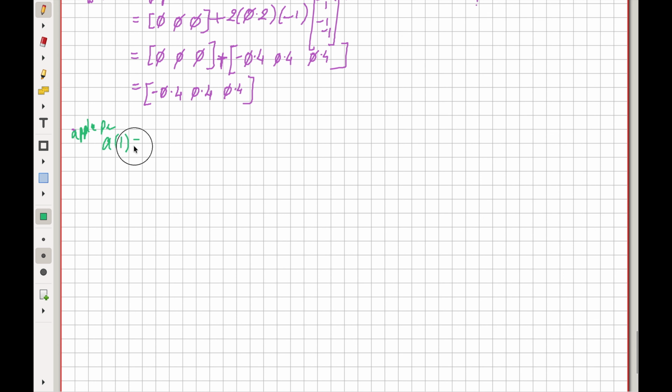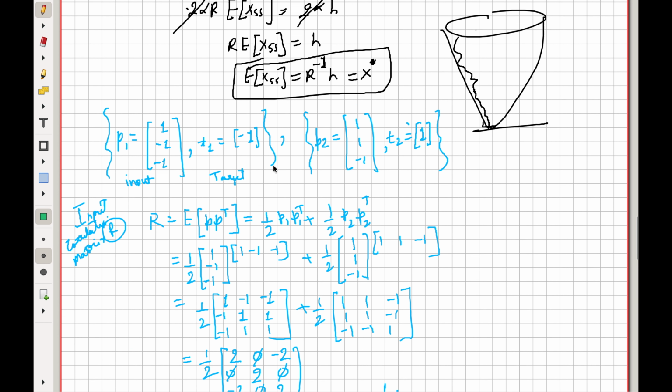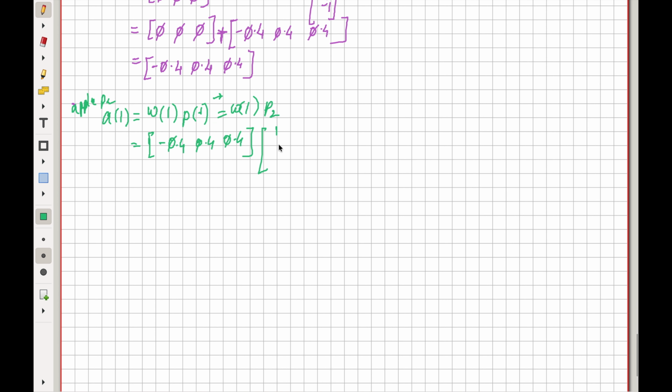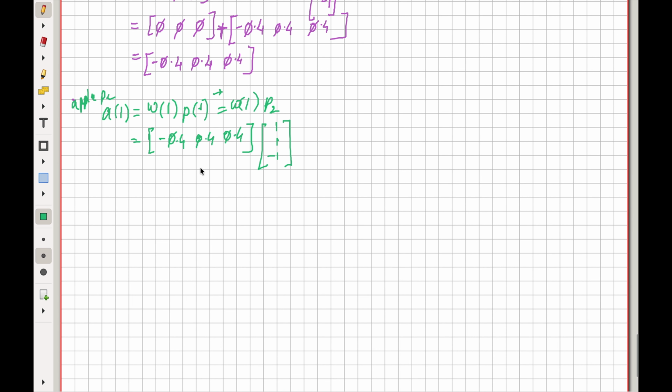So A1 is equal to W1 P1, and in this case W1 is -0.4, 0.4, 0.4, and the input P2 is 1, 1, -1.